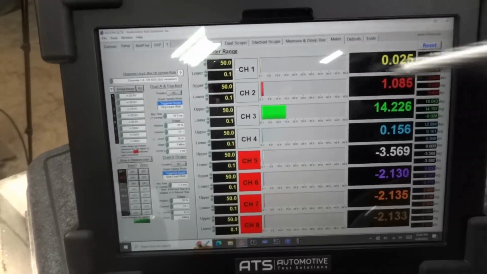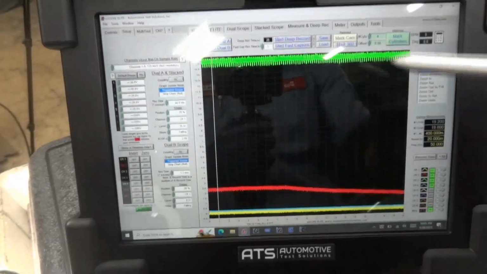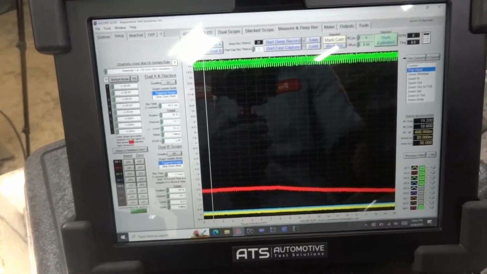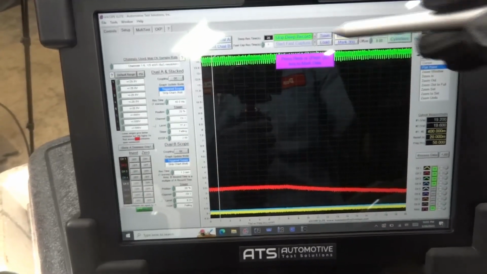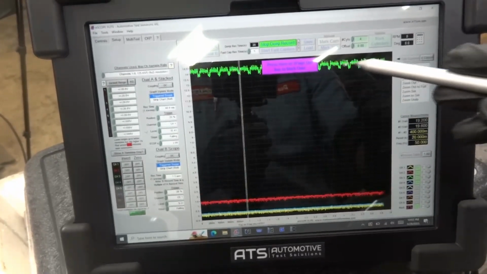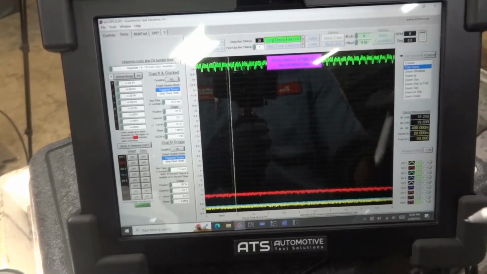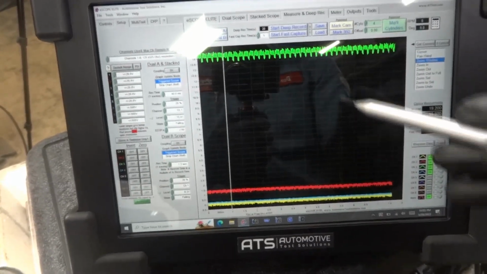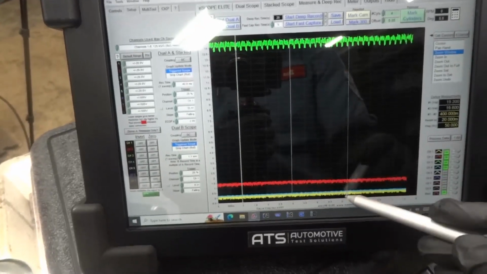Okay, if we go back to deep record, let's unfreeze this. Okay, so this is our hero command. So let's pause this and let's grab our zoom window.